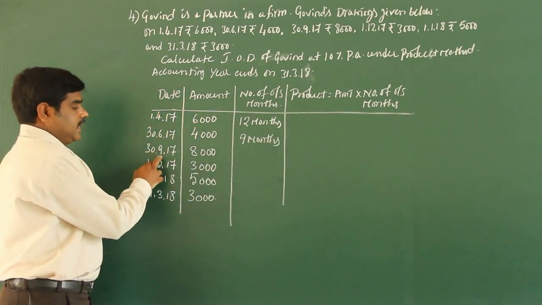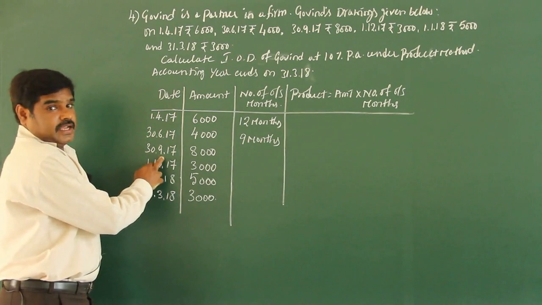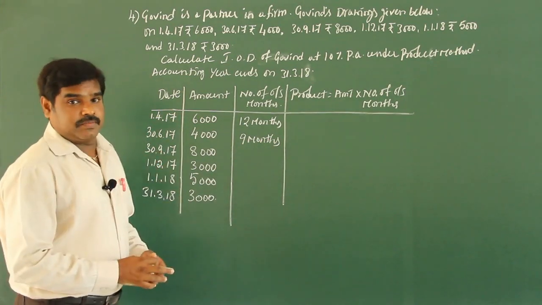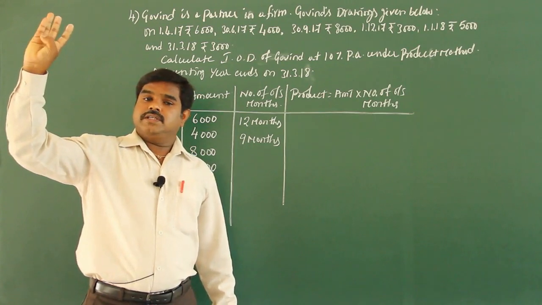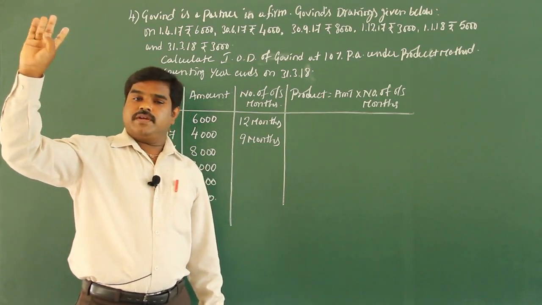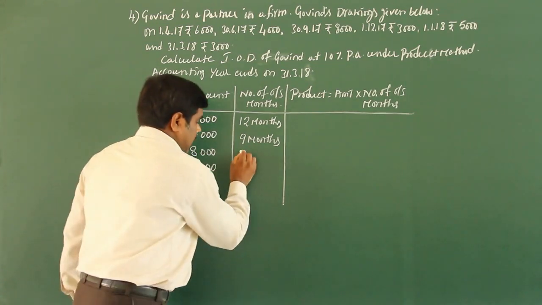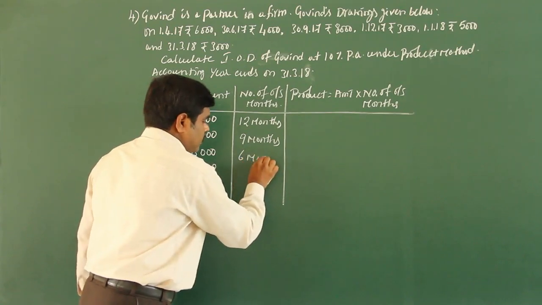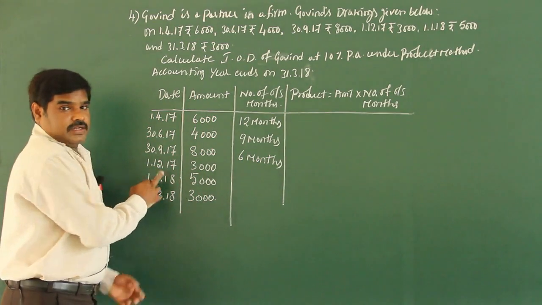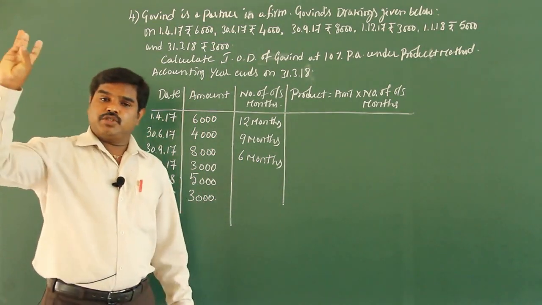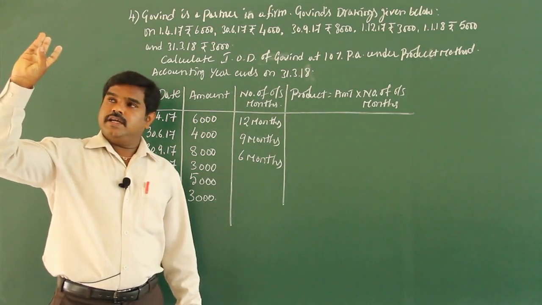Next, 30th 9, exclude that month, September. Take it from October, November, December, January, February, March. So the outstanding period will be 6 months. 1/12, as December should be included, the first day should be included.